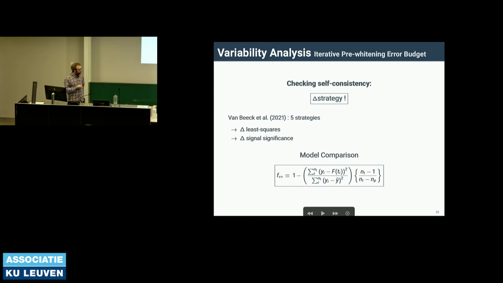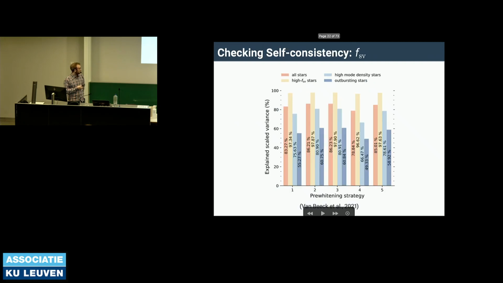And computing this metric after you've run these 5 iterative pre-whitening strategies on all of the stars in our sample, we then found that approximately half of our stars have an FSV value that is more than 90%, meaning that more than 90% of the variance in our light curve can be explained by our sum of sines models.